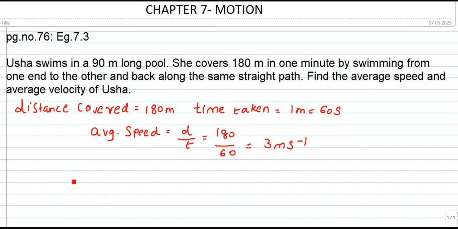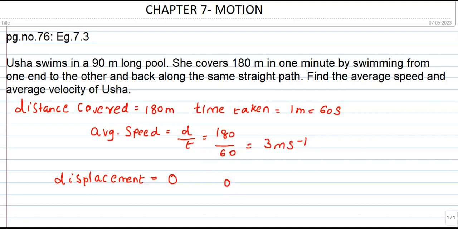Now the second thing which is asked is average velocity. So for velocity, we should know the displacement. Now what is the displacement? She starts from a point, goes to the other end of the pool and comes back again to the same end. So what we have for displacement is 0. From her initial position, the displacement is 0 as she comes back to the same place.